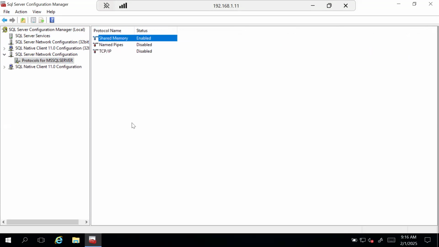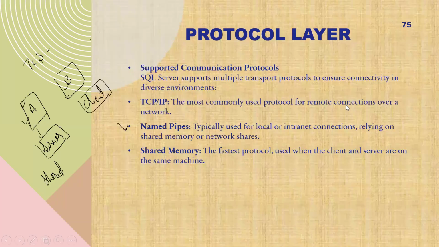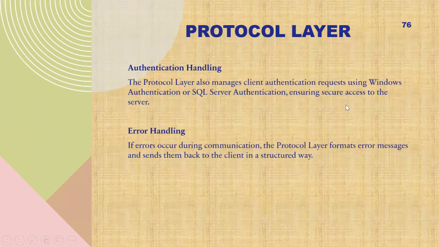Shared memory means that both exist on the same machine, and named pipes means that they are in two buildings of one campus. In that scenario, we are going to use named pipes. So this was about how we are going to make connections in SQL Server.